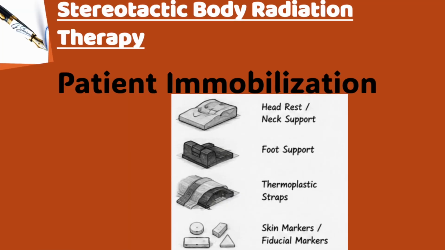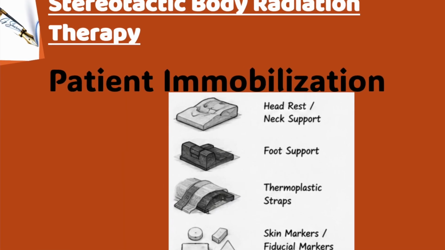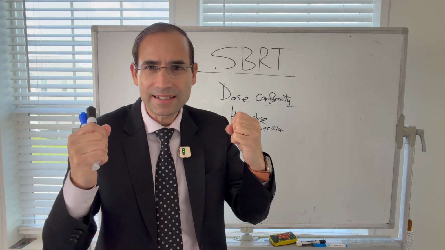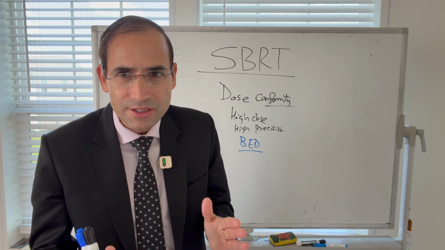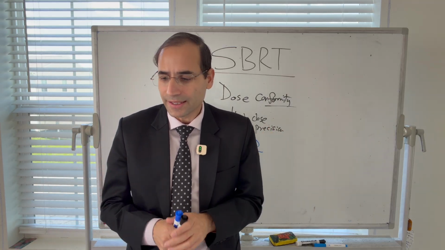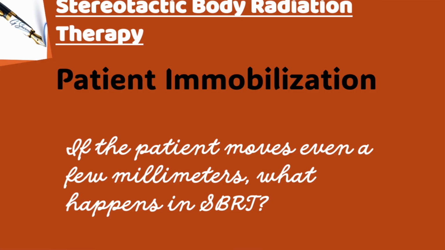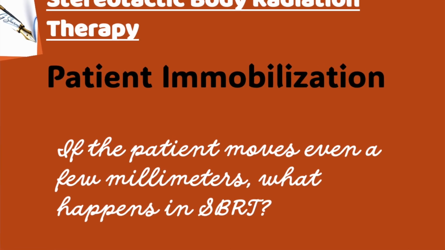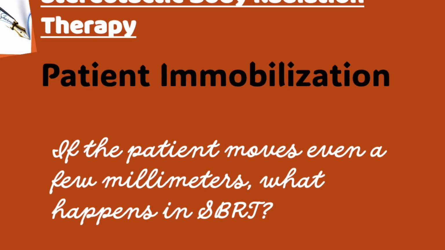So the next step is patient immobilization. This sounds simple, but it's absolutely critical in stereotactic treatment. So let me ask you, if the patient moves even a few millimeters, what happens in SBRT?